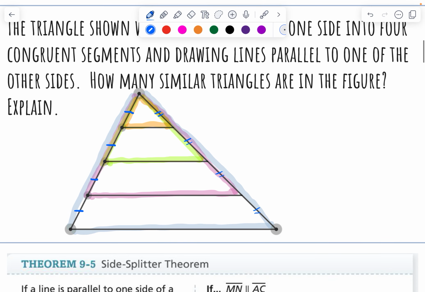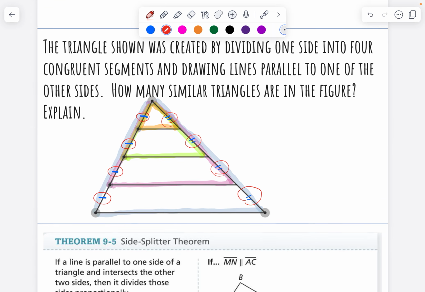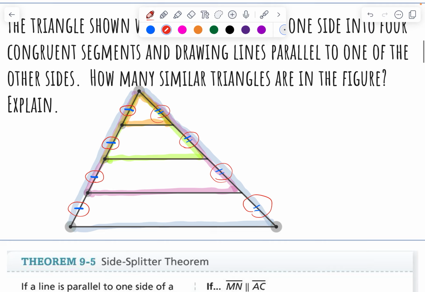So if you look here on the left side, each of these parts is congruent. They all have 1 tick mark. On the right side, each of those parts is also congruent. They have 2 tick marks. So how many similar triangles are in the figure? If you look here, we have this top orange triangle.